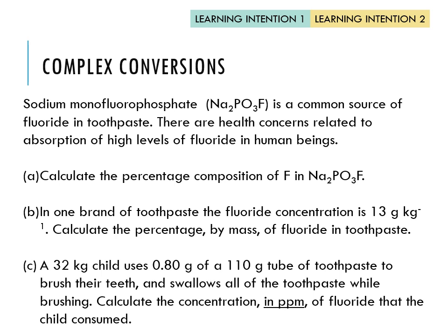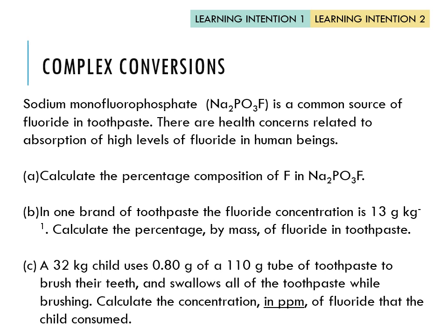So we have sodium monofluorophosphate, Na2PO3F, a common source of fluoride in toothpaste. There are health concerns related to absorption of high levels of fluoride in human beings. This question asks to calculate the percentage composition of F in Na2PO3F. So it's asking how much is the percentage of F when I look at it in total of the whole composition of the chemical.